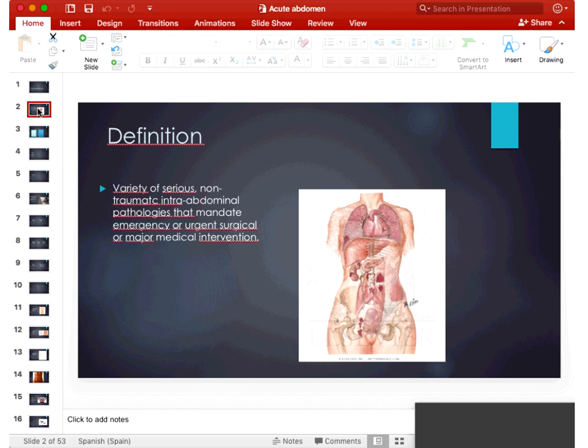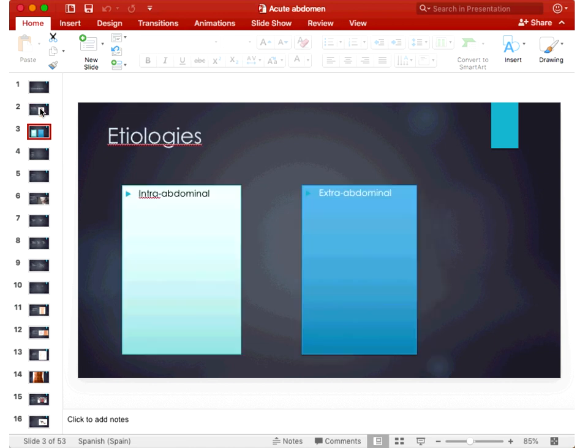Most of them are, but we have to recognize them when we see them and refer them as soon as you can. And you have to let the patient or the family know that this is a matter of life or death.